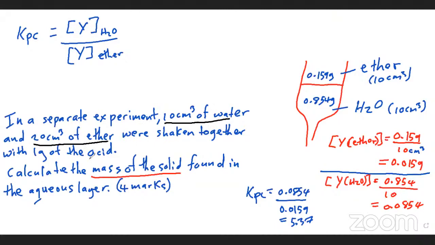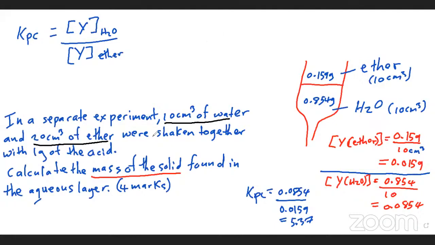And they want us to calculate the mass of acid found in the aqueous layer. So these are the two types of question, either calculating KPC or mass. This is what you're going to do.